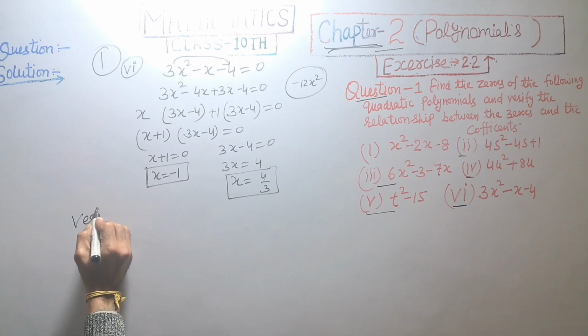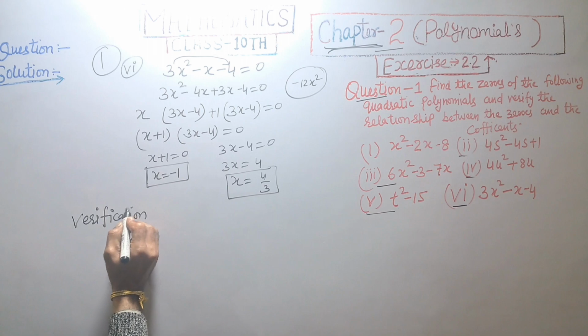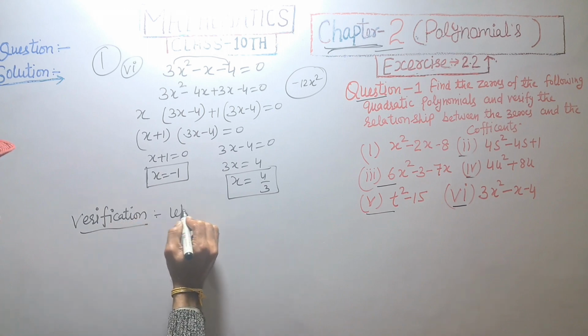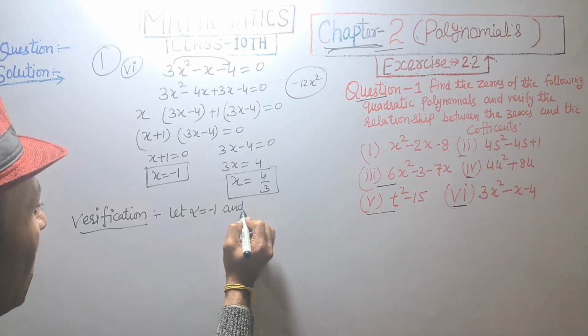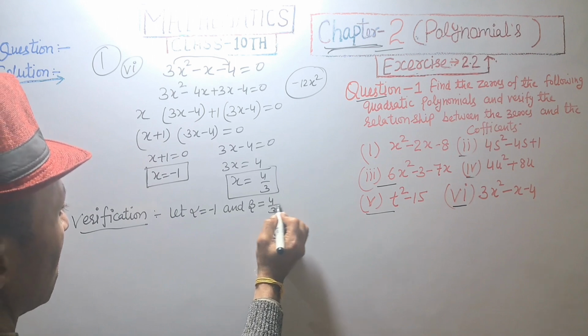Verification: let alpha is equal to minus 1 and beta is equal to 4 upon 3.